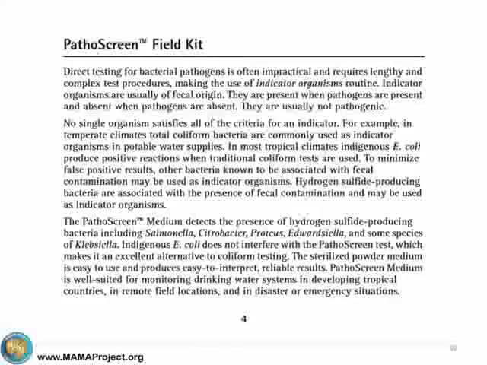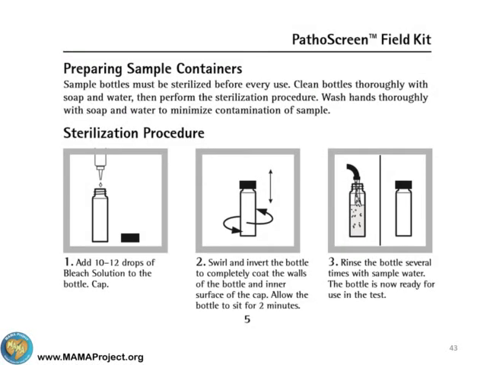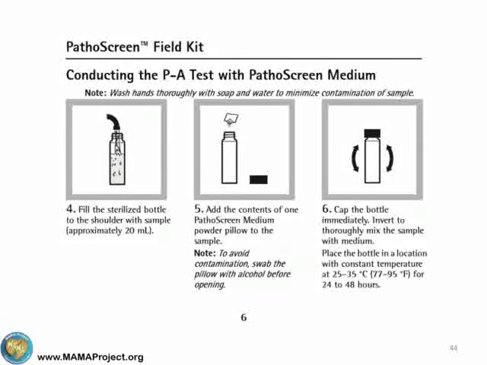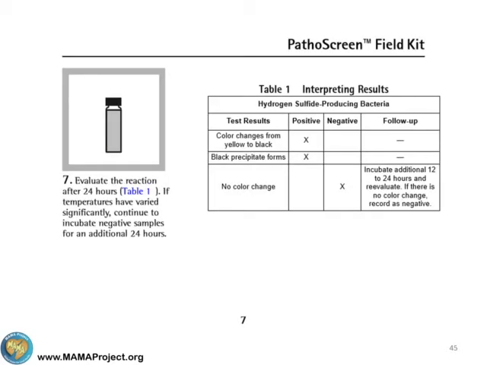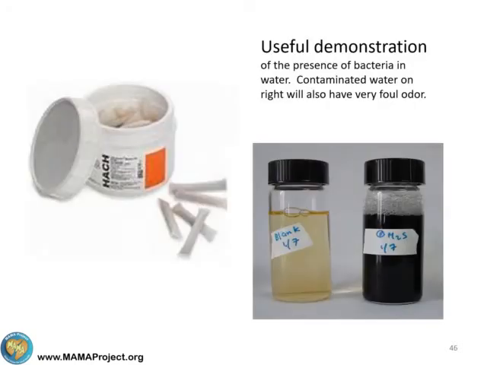So it's a very interesting and very convincing field test kit, and this shows you how to do it. It's called PathoScreen. You can get sterile bottles to use, or you can sterilize your own. And this tells you how to interpret the results. This is what it looks like.